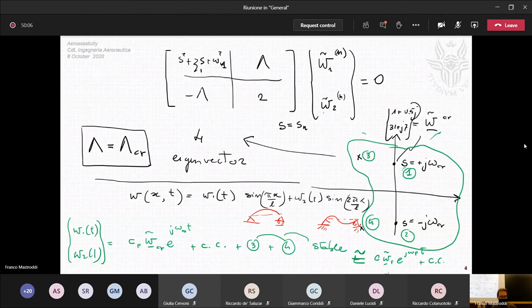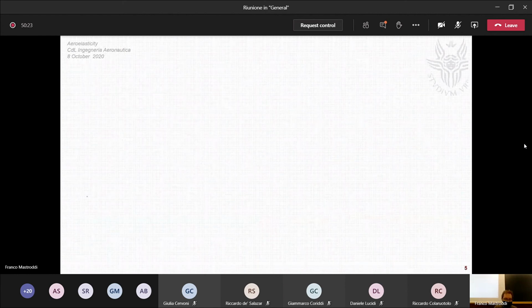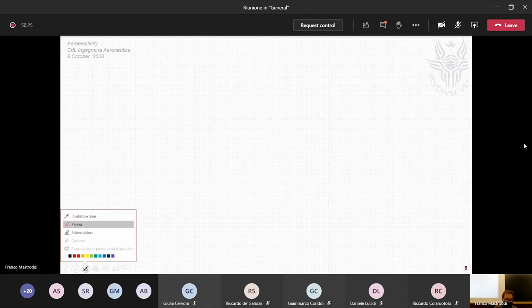In steady regime, what happens when you sum a complex quantity to the complex conjugated? You will obtain the real part. So I can write the following.